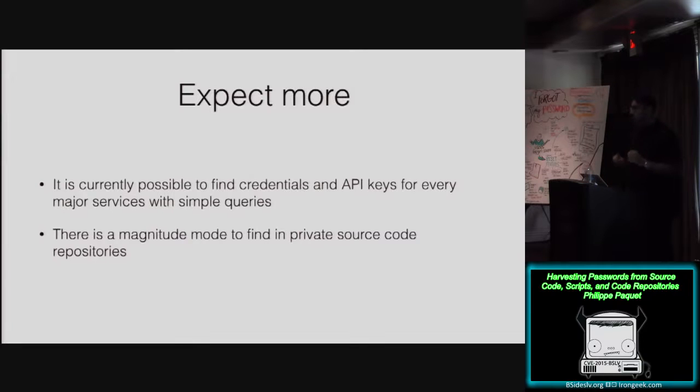It's possible right now to find API key and credential for every major provider, and that's on public source code repositories. If you go to an enterprise source code repository, because of the sense of security and privacy that people have, you're going to find a lot more there. If you want to have API key for FedEx, UPS, I don't know, maybe you want to ship things for free, don't do that, please.